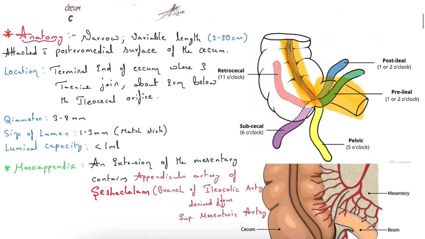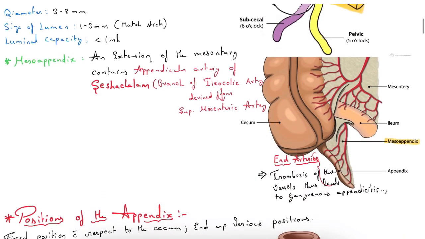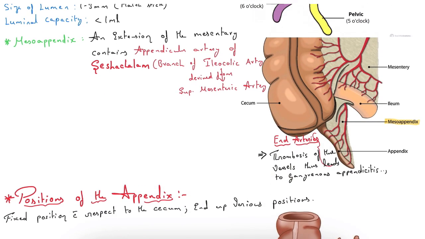Based on some special tests we can easily find the location and types of the appendix, like retrocecal or subcecal, pelvic, pre-ileal and post-ileal. We will discuss this when we get to that topic. Next, you can see the mesoappendix. The mesoappendix is an extension of the mesentery and contains the appendicular artery.